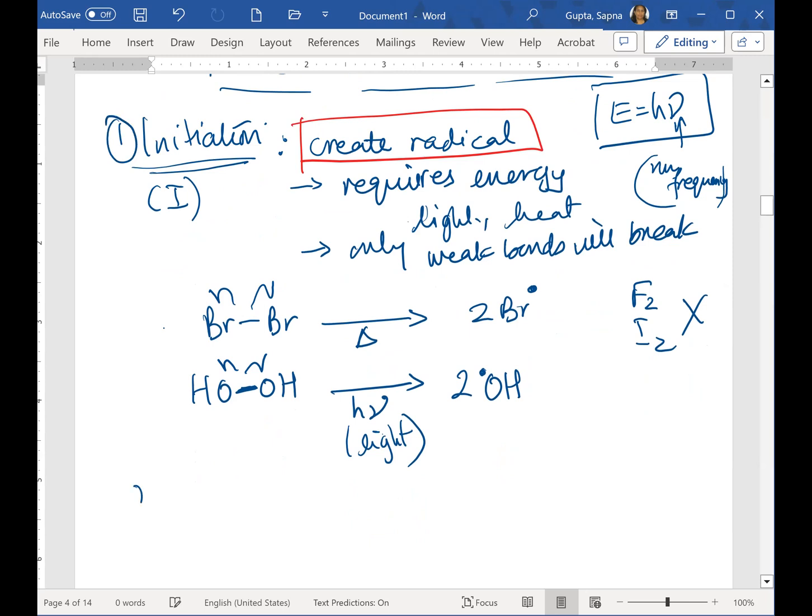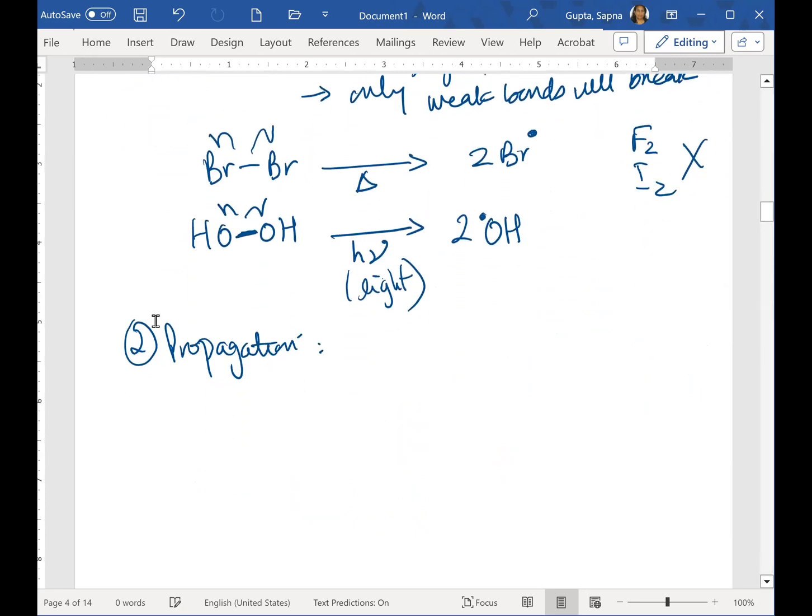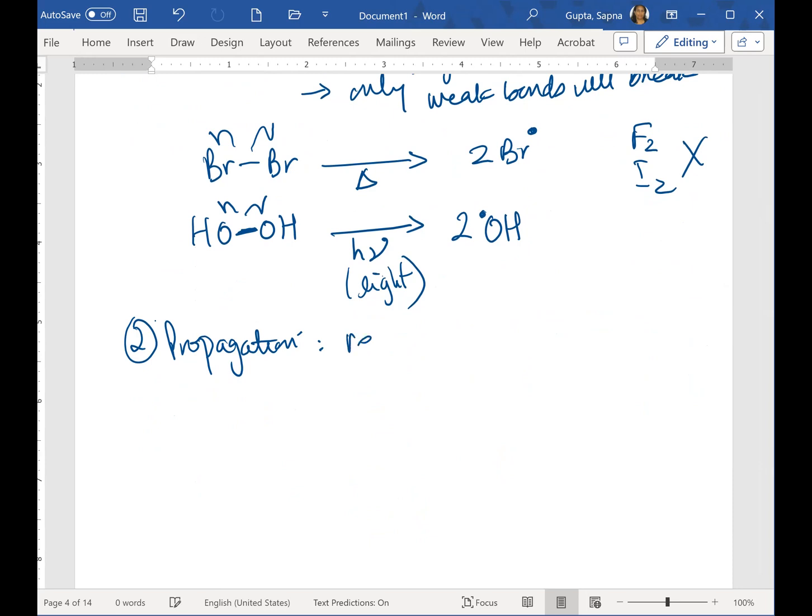Initiation. The second step is propagation. Propagation is when the reaction actually happens. This is where the main chemistry is happening, and then you form products.